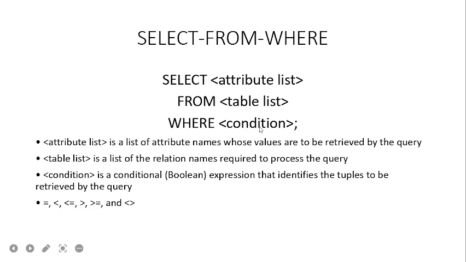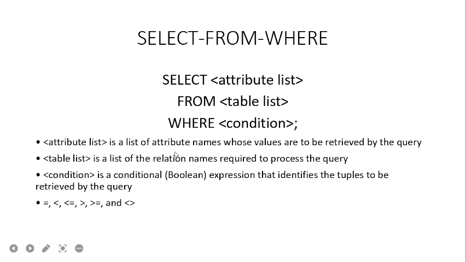And then there is the where condition. The condition is a Boolean expression that identifies the tuples to be retrieved by the query. This condition will identify the tuples to be retrieved, the table list gives the relation names used to process the query, and the attribute list gives the attributes whose values are to be retrieved.